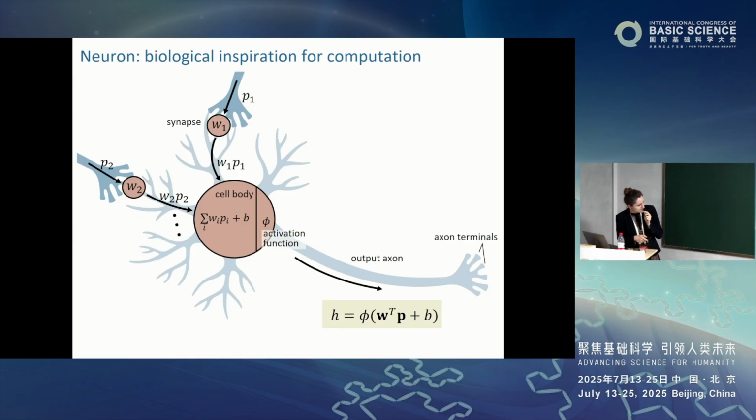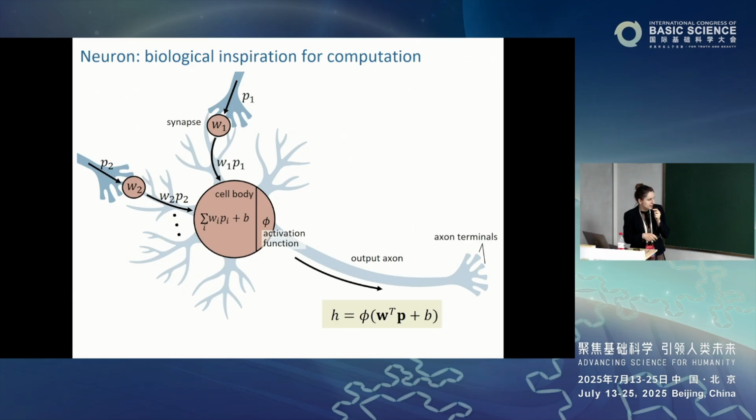So what does a cell in our brain do? It gets a signal from another cell, and some other cells, and depending on the thickness of the channel, the connection, it gets it with different weights. And then inside the cell, you can also add some bias, some other value.